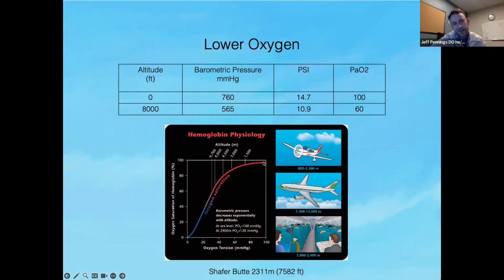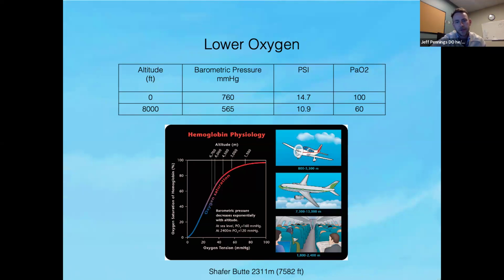So for someone that has no significant chronic disease, you can see on your oxygen dissociation curve, partial pressure oxygen of 60 still keeps you in the low 90s for your oxygen saturation.